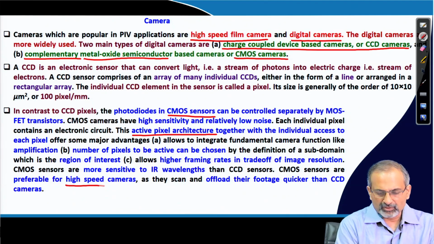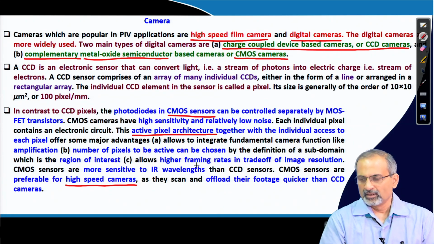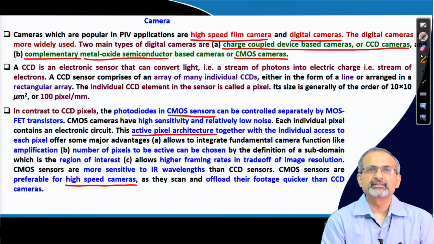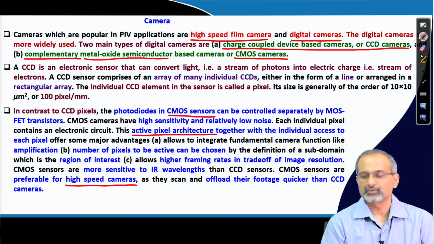In high speed cameras also they are better preferred because they can offload the footage quicker than the CCD cameras. So, you have to weigh your advantages and disadvantages when you choose a suitable camera for the PIV application.